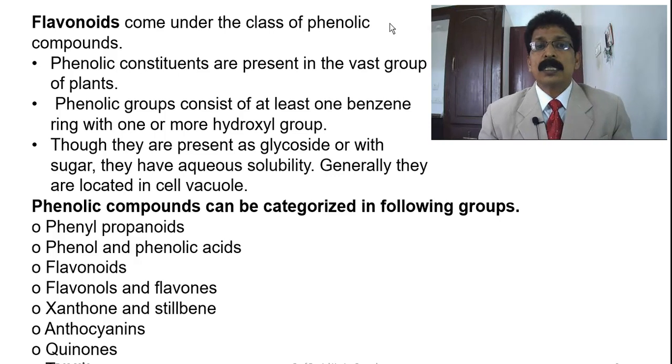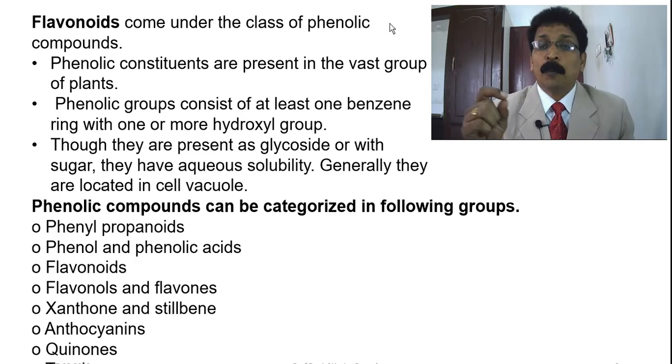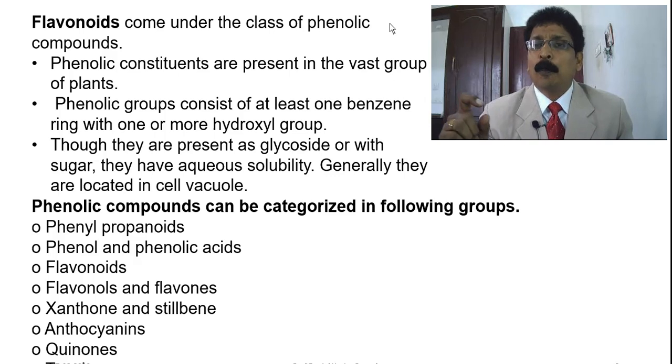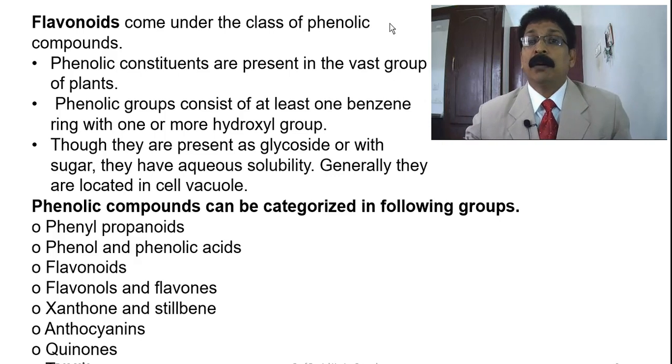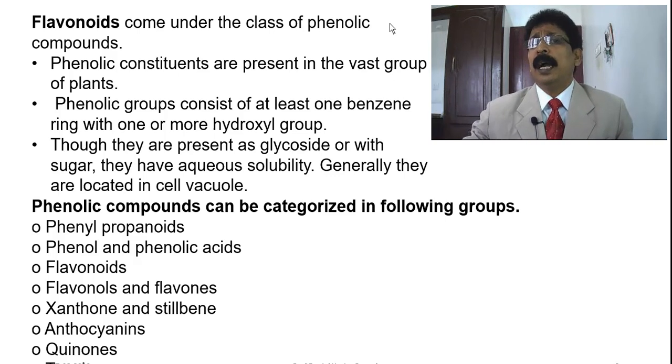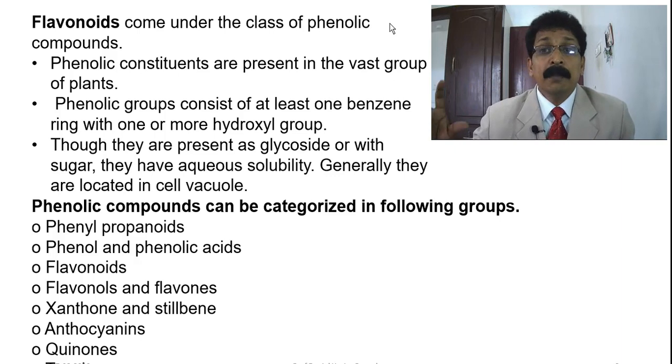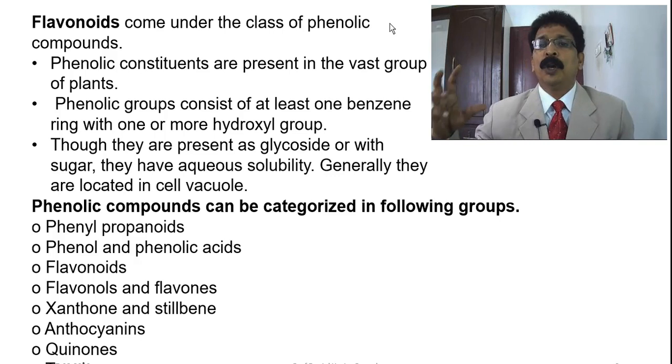Phenolic compounds can be categorized into the following groups, and what all the groups are is listed out. Phenylpropanoids, that means a propane, a three-carbon aliphatic compound attached to the phenolic compound. That is what we have to have an idea of. Whenever you are studying chemistry, an imaginary picture should come to your mind side by side. Then it will be easy for you to study.